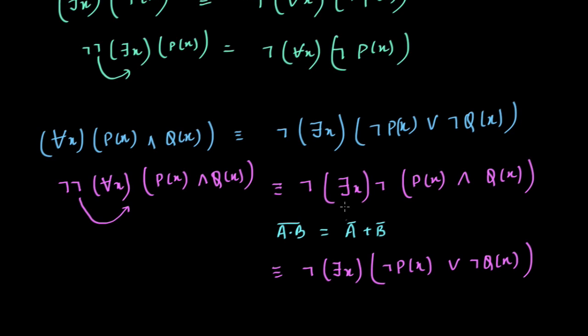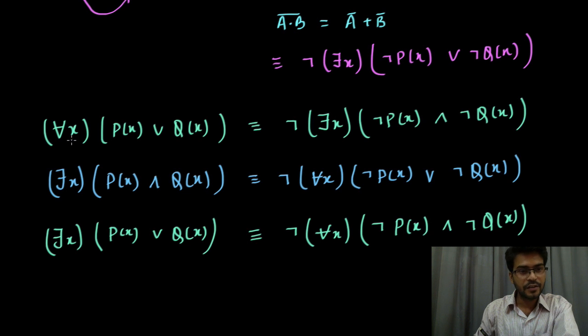Everywhere you have to use the same method or trick: once the negation sign moves inward, you have to change the quantification. Let's see the other formula. Similarly, here we have for all x, P(x) or Q(x). If you apply the same method by taking two negation signs and moving one inside, the for all changes into there exists, and then this has not of P(x) or Q(x).